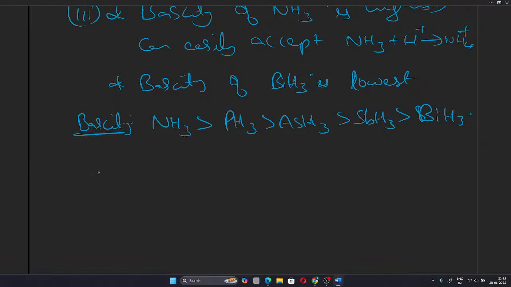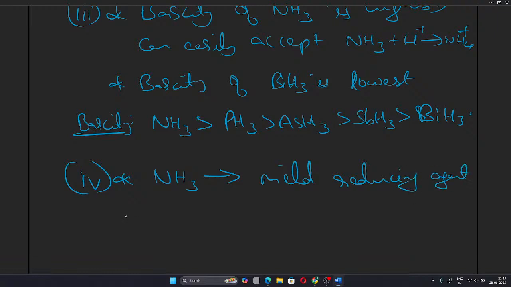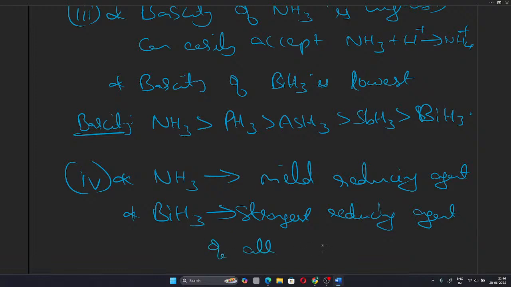Yes, this is the order. As for the fourth point, it's about reducing power. NH3 is a mild reducing agent, whereas BiH3, bismuth hydride, is the strongest reducing agent of all hydrides.